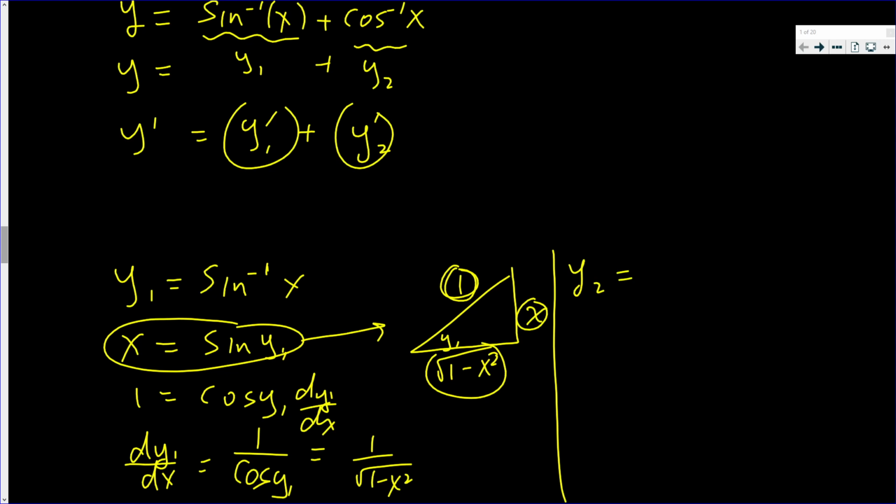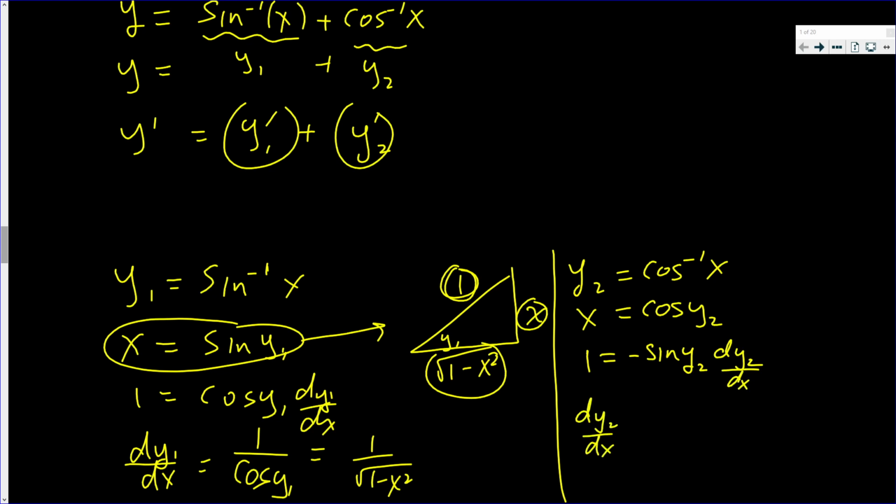Now, y2 is cosine inverse of x. That means x is cosine of y2. That means the derivative with respect to x of the left side is 1. The derivative with respect to x on the right side is negative sine of y2 times the derivative of y2 with respect to x. So dy dx here is negative 1 over the sine of y2.